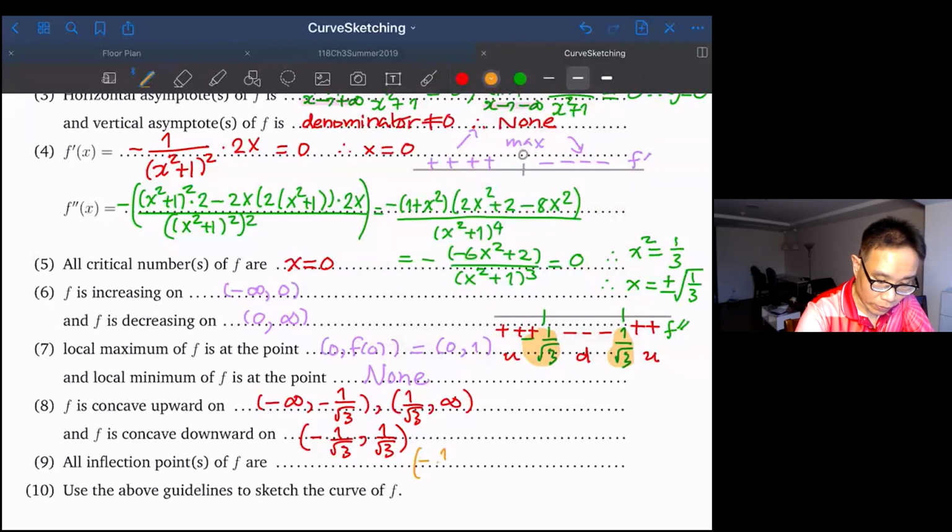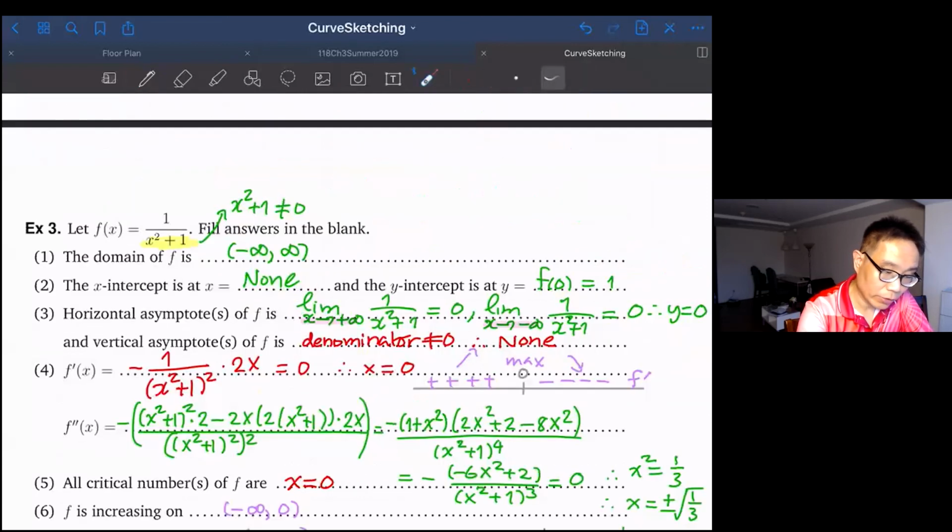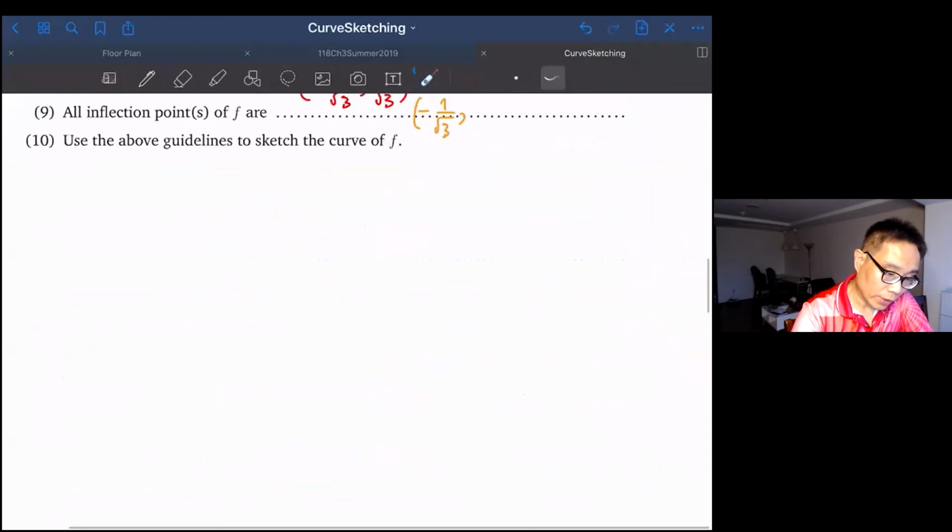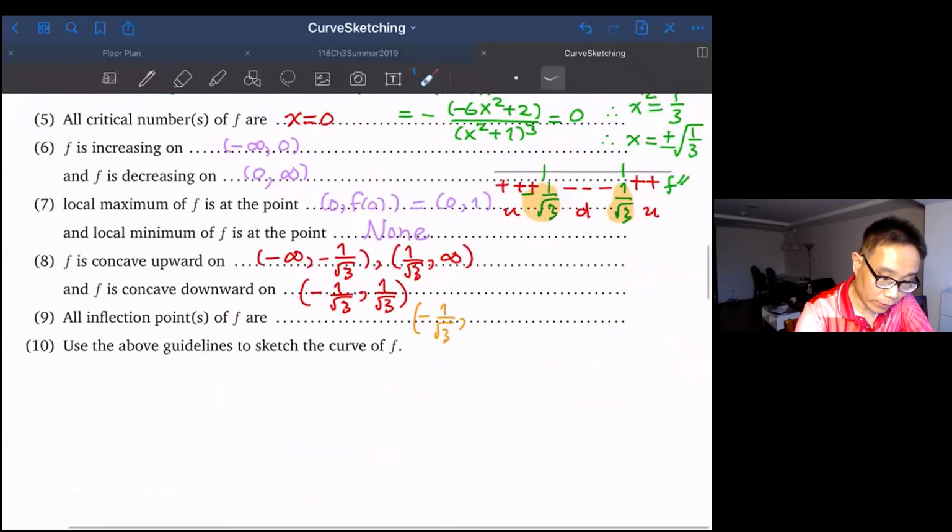They are, okay, negative 1 over root 3, and the value for f of 1 over root 3 is going to be, you're going to plug into the original function. So you're going to plug in here. So you're going to have 3/4 and negative 1 over root 3, and you're going to have another point which is positive 1 over root 3.